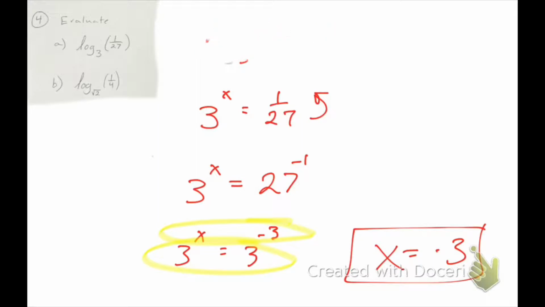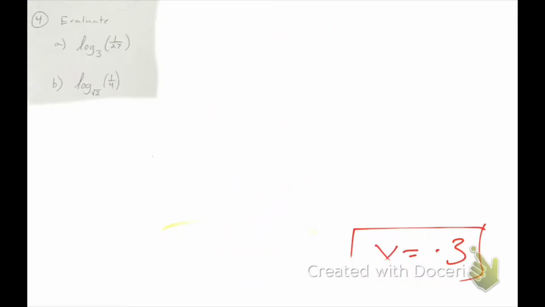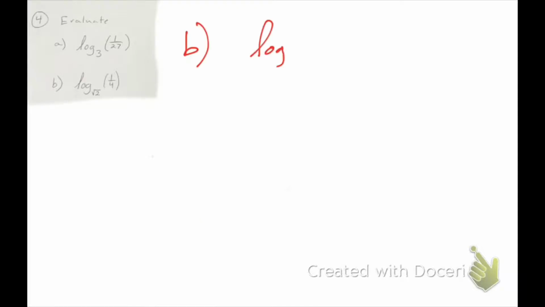Let's look at example B. Example B, we have log base root 2 of 1/4. I'm going to set it equal to x. I'm going to recycle. And then I'm going to take the root 2 and rewrite it like this.